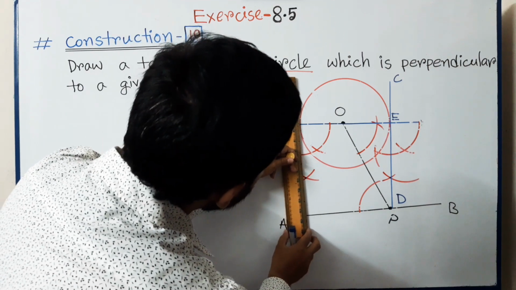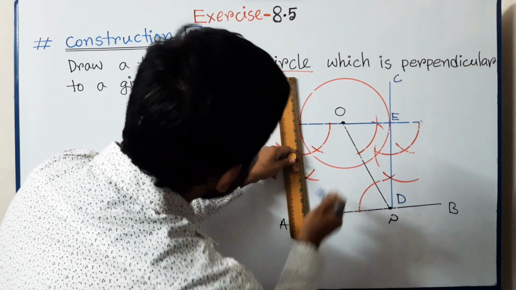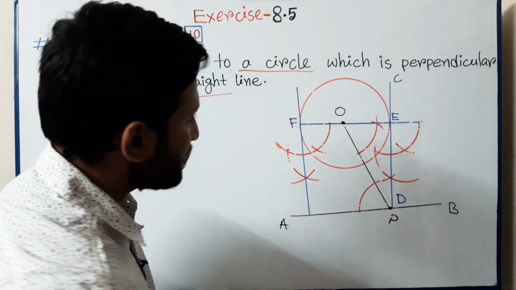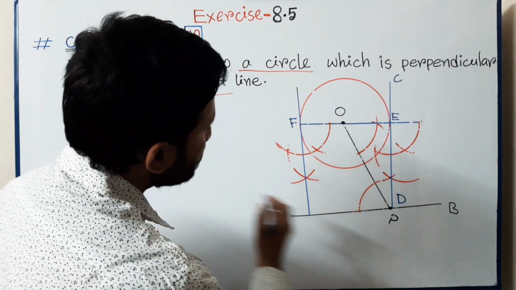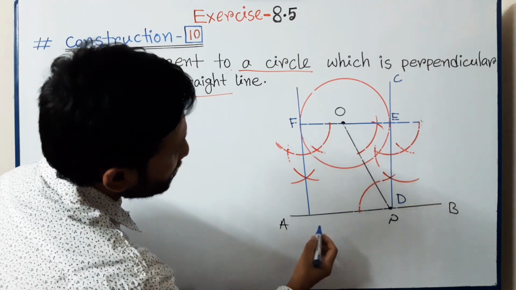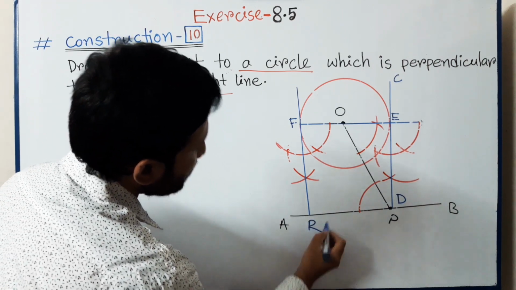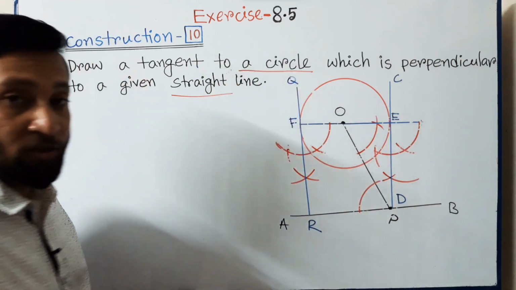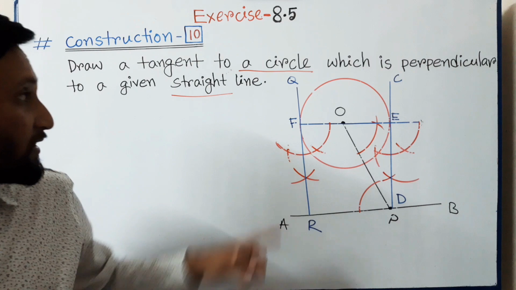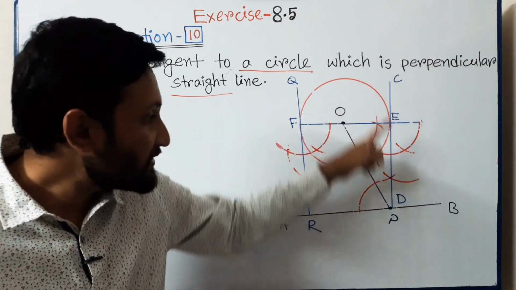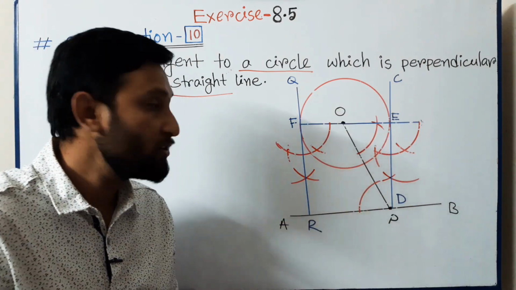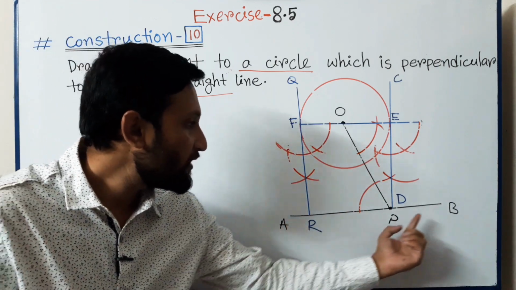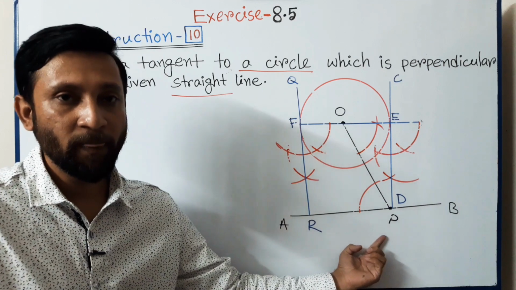So here you see, like that. Mention these points R and Q. Now it is clearly seen that QR and CD are two tangents which are perpendicular to the straight line AB.